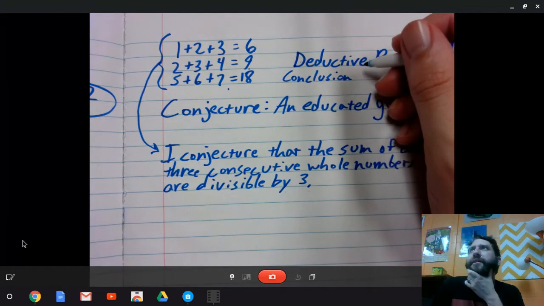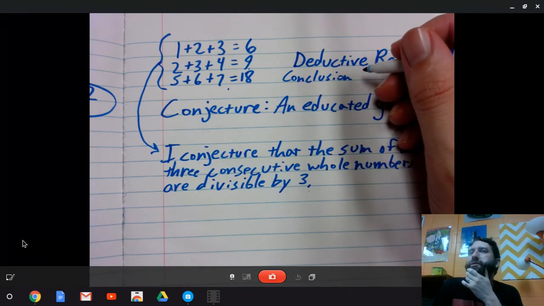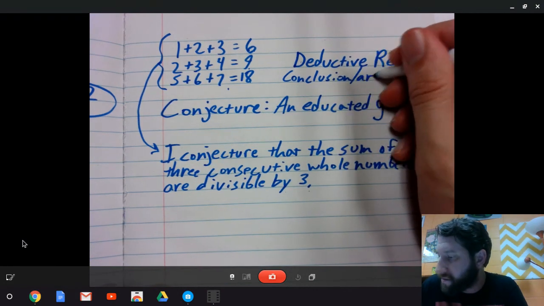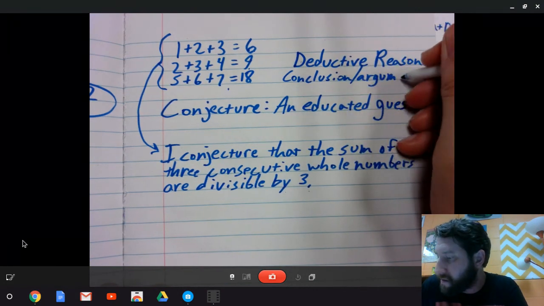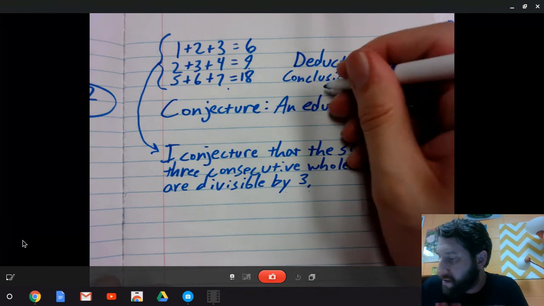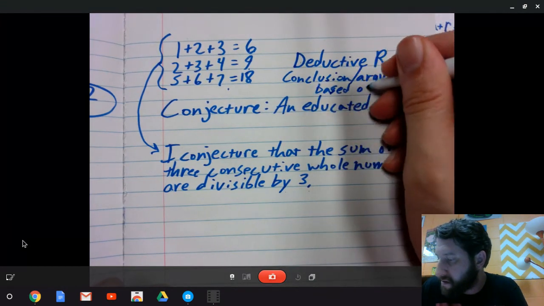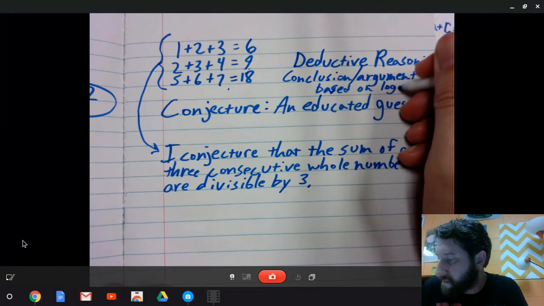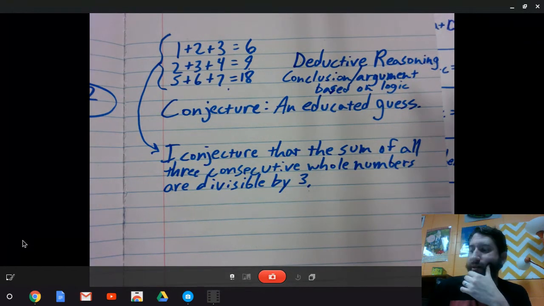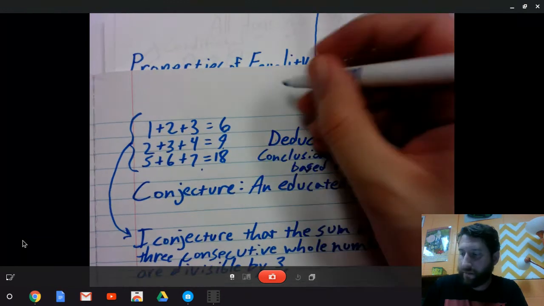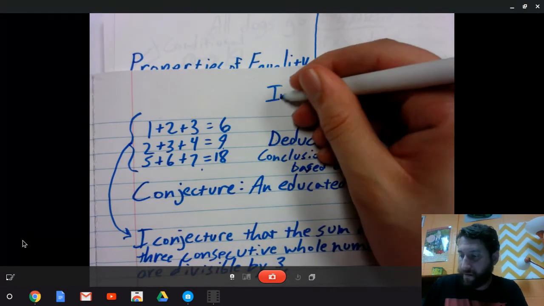So I could say a conclusion slash argument based on logic. Now, the opposite of deductive reasoning is inductive reasoning. So, inductive reasoning.